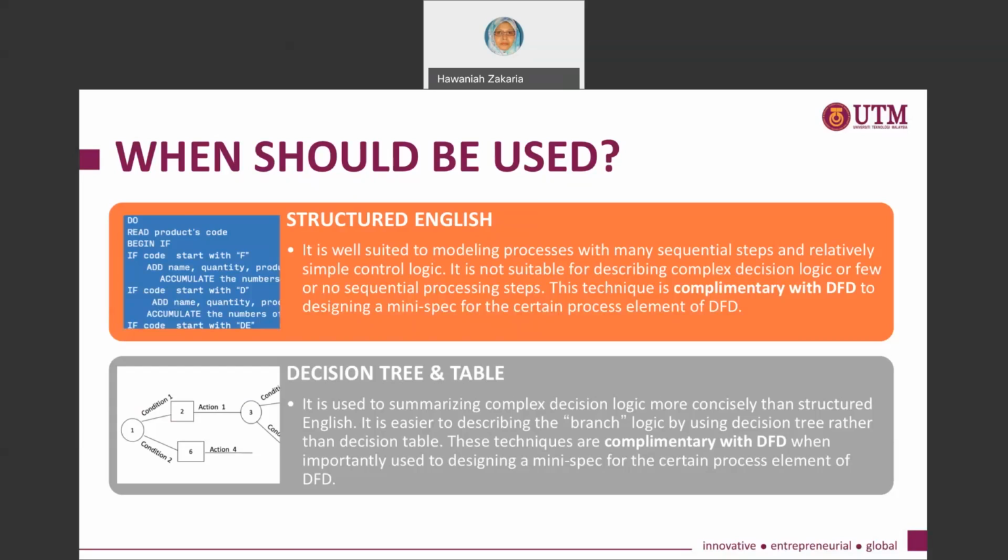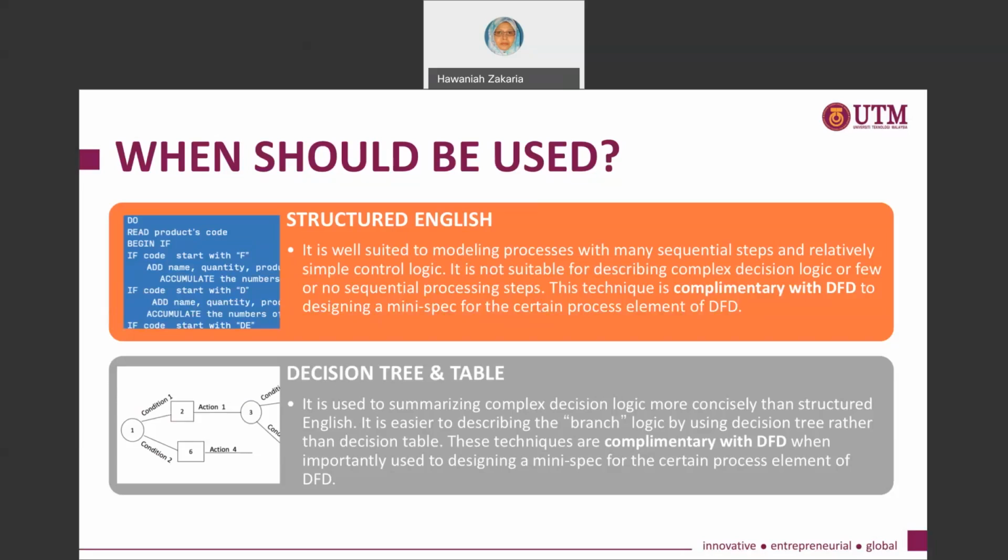For structured English, it is well suited to model processes with many sequential steps and relatively simple control logic. However, it is not suitable to describe complex decision logic or few or no sequential processing steps. So this technique is complementary with DFD to design a mini-spec for certain process elements of DFD.